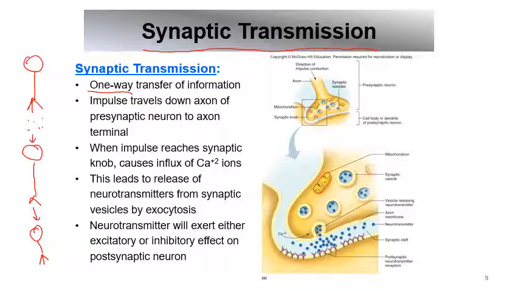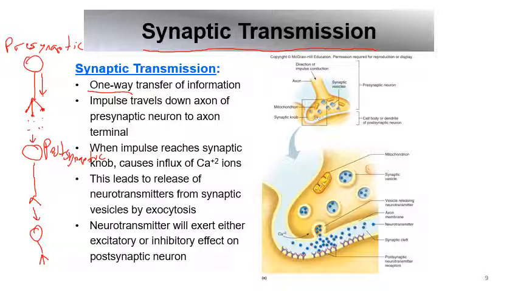And so the neuron that releases the information would be the presynaptic, and the next neuron is called the postsynaptic. So what we're going to learn is the electrical signal goes down the presynaptic neuron. This electrical signal is going to cause the release of neurotransmitters. So if you remember, the ends of the axons are called the synaptic knobs. This is where the neurotransmitters are stored. And so when the electrical signal reaches the synaptic knobs, then the neurotransmitters get released, and the neurotransmitters then go to the next neuron.